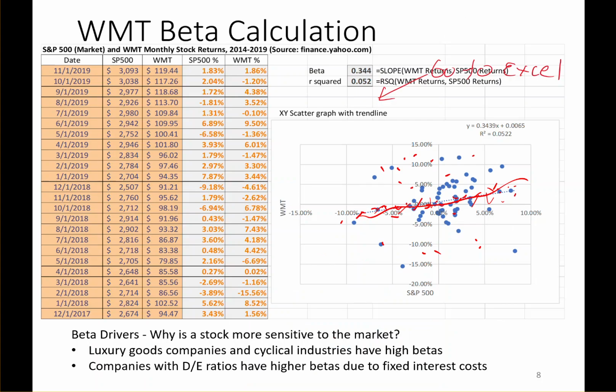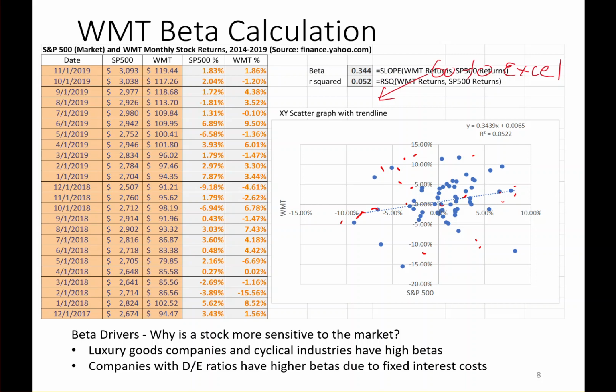All right, now why would a stock have a low or high beta? Well, let's think about Walmart. Walmart is actually a firm with very little debt, and it tends to sell discount goods and foods. So for companies that sell discount goods and foods, when the market goes up and down, people aren't buying more or less food in general, and more or less discount food.